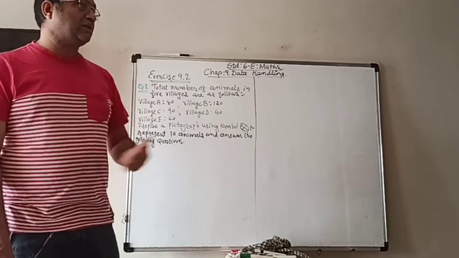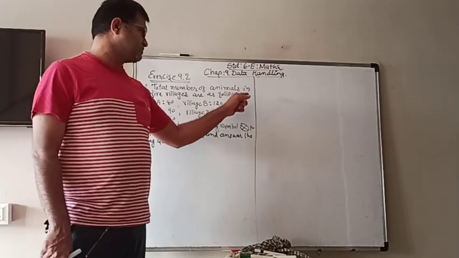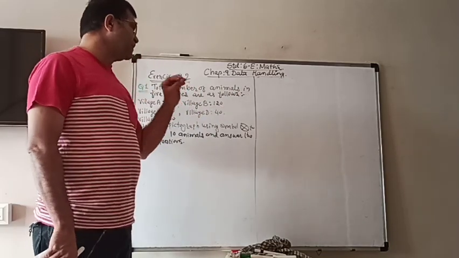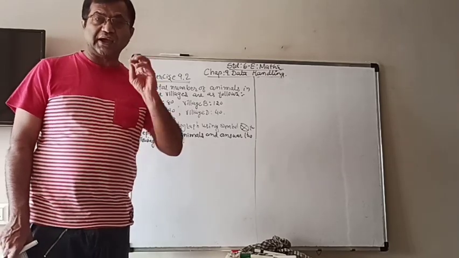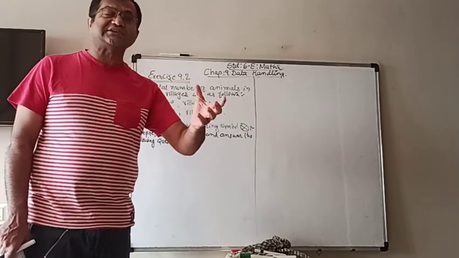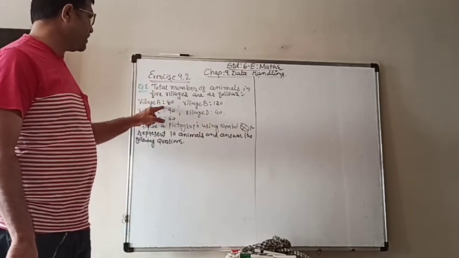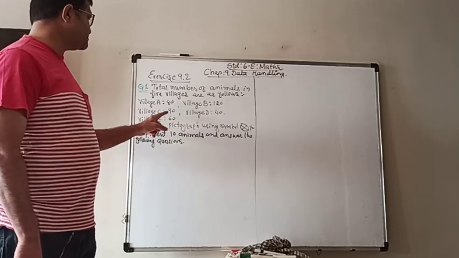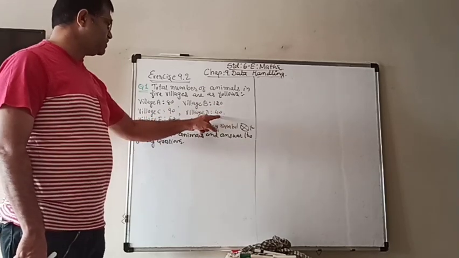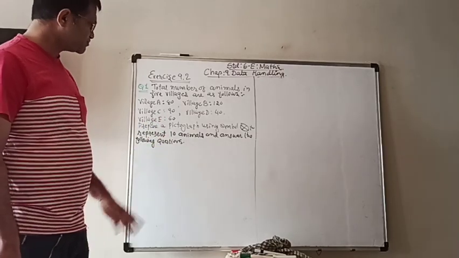In question number 1, we are given that total number of animals in 5 villages are as follows. There are 5 villages and how many animals are there in each village is given here. Village A 80, village B has 120, village C has 90, village D 40 and village E has 60.